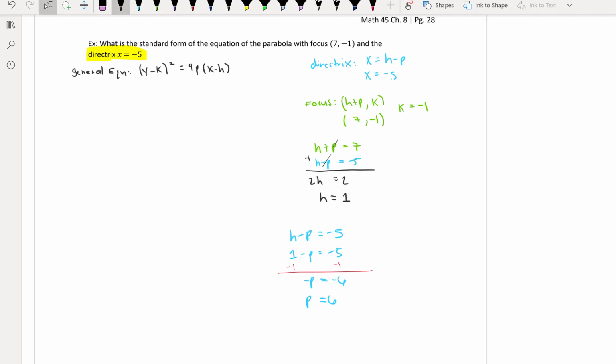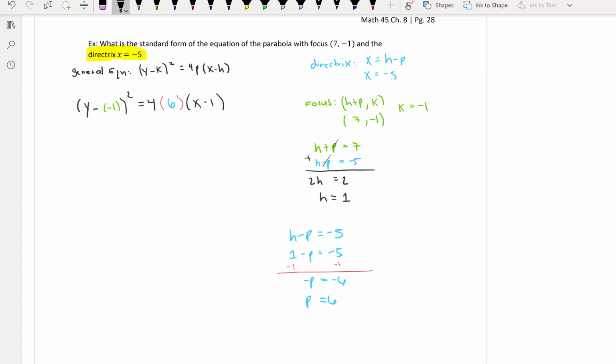Now I can plug it into this equation. So I have y minus my k value. My k value is -1. And my p value here is +6. And my h value that I found was +1.